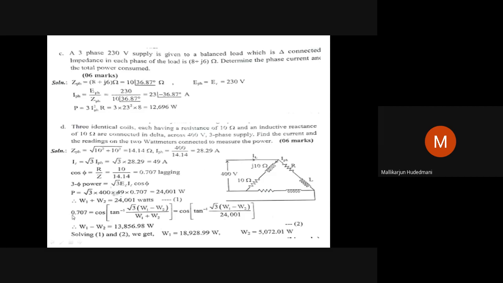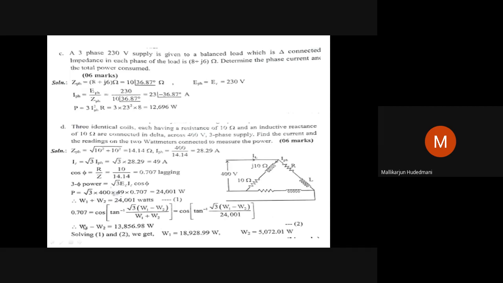I can calculate 0.707 equal to cos of this whole term. Substitute them. Then you can get the sum of readings is 24 kilowatt, meaning 24,001. The difference of readings is 13,856.98 by solving this. So solve these two equations. W1 plus W2 is 24,001. W1 minus W2 is 13,856.